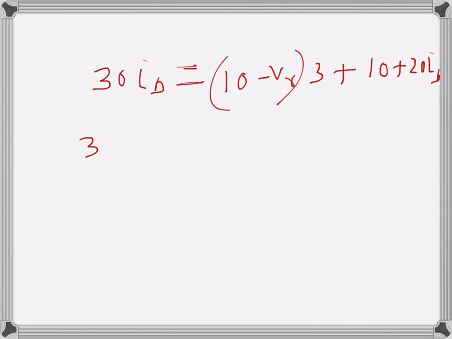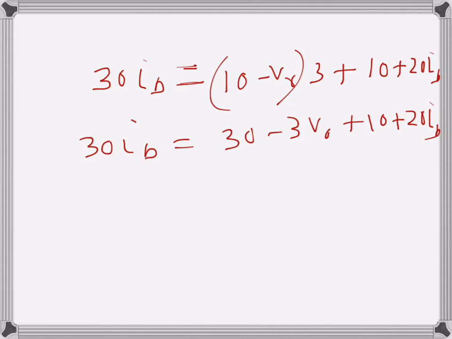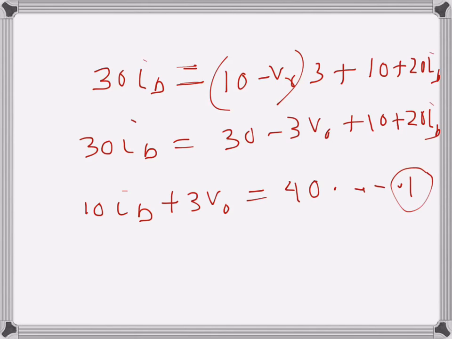So that's 30 I delta equals 30 minus 3 V naught plus 10 plus 20 I delta. If I rearrange this, it becomes 10 I delta plus 3 V naught is equal to 40. So this is equation 1 that I have.